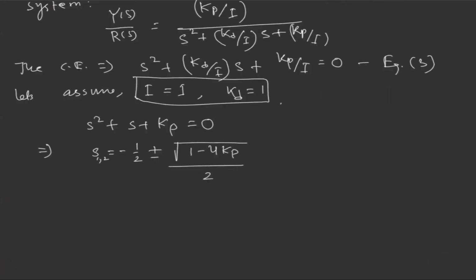Now, let's look at how the poles s1 and s2 are going to vary for different values of Kp.